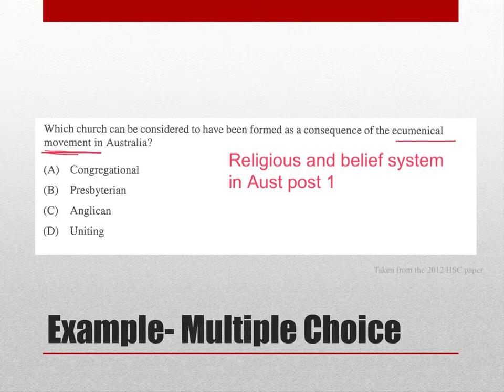Post 1945. More specifically, it comes under the religious expression component of that particular unit, and the syllabus dot point that's being identified is the third dot point, which is describe the impact of Christian ecumenical movements in Australia.